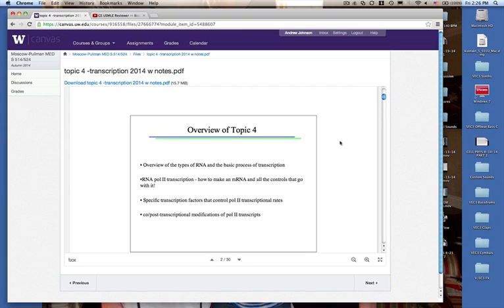Because we'll see next week as we get into gene control and the regulation of all of this process that it is exquisitely controlled in our cells. Transcription by RNA Pol 2 has a lot of players involved and a lot of regulatory mechanisms that we're going to talk about.